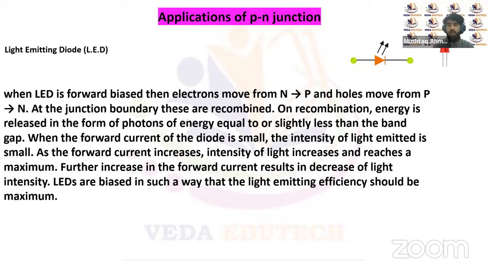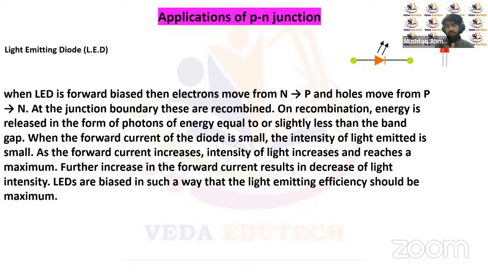equal to or slightly less than the band gap of the two sides. One is the valence band, another is the conduction band, because on forward biasing the conduction takes place, right? So the electron moves from the valence band to the conduction band, right?